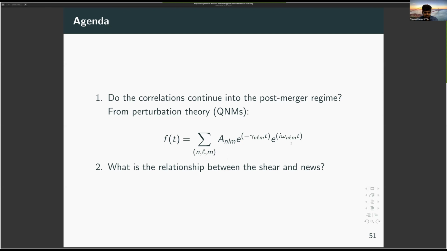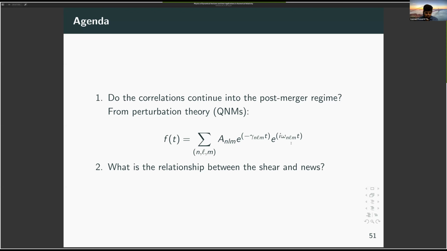But however, in a binary black hole merger situation, as you may have seen in today's talk by Prayush, once two black holes come very close to each other, a common horizon forms, which is highly distorted. It's very far from what an equilibrium Kerr black hole looks like. So the dynamics is highly nonlinear.